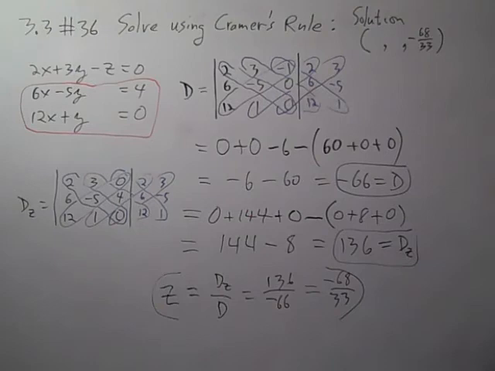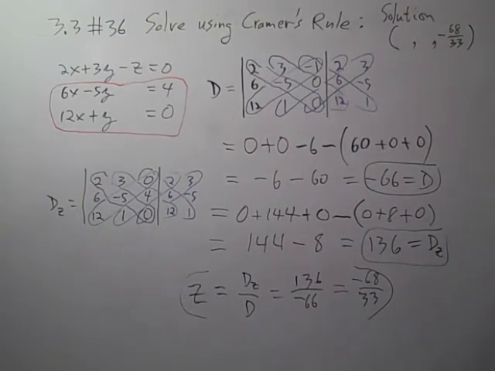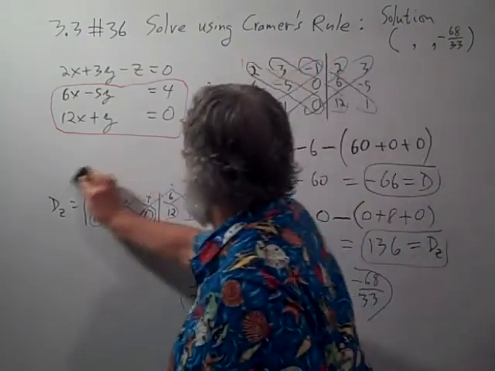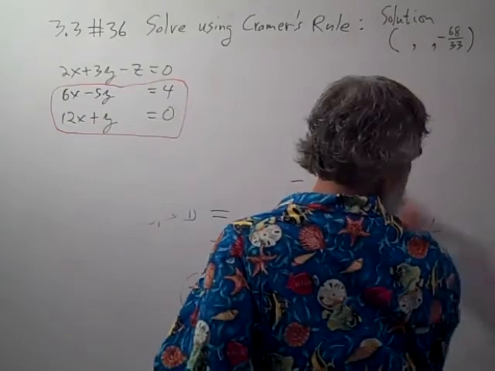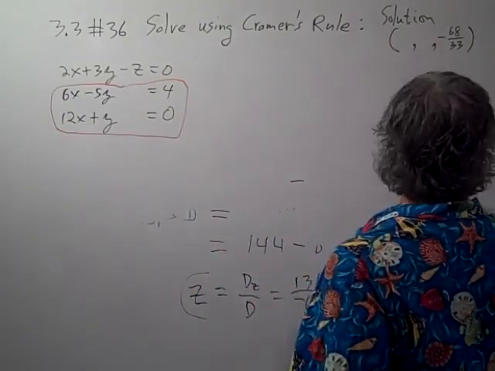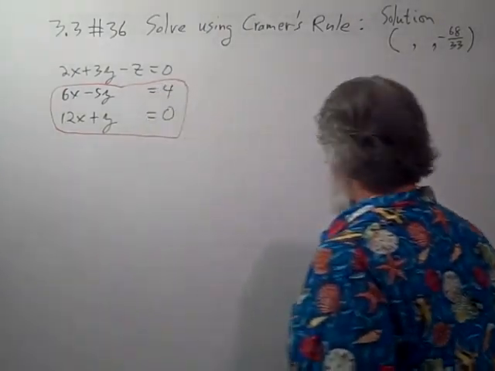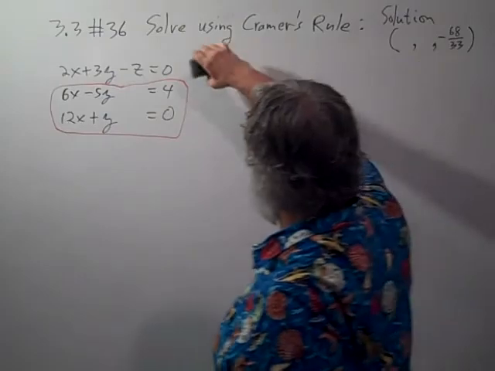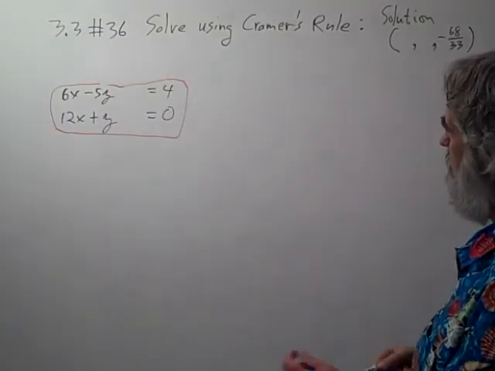So to find x and y, we'll just use those second two equations and solve those. So I'm going to erase all of this, which is no longer needed. We don't even need this first equation anymore. Those two suffice to solve for x and y.